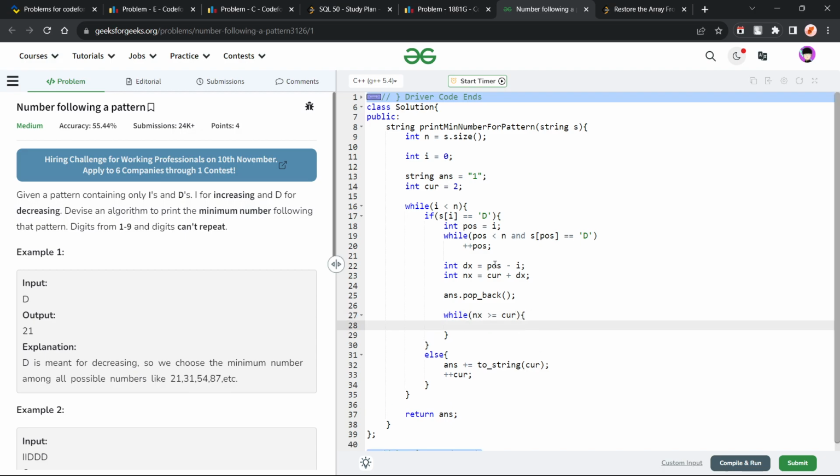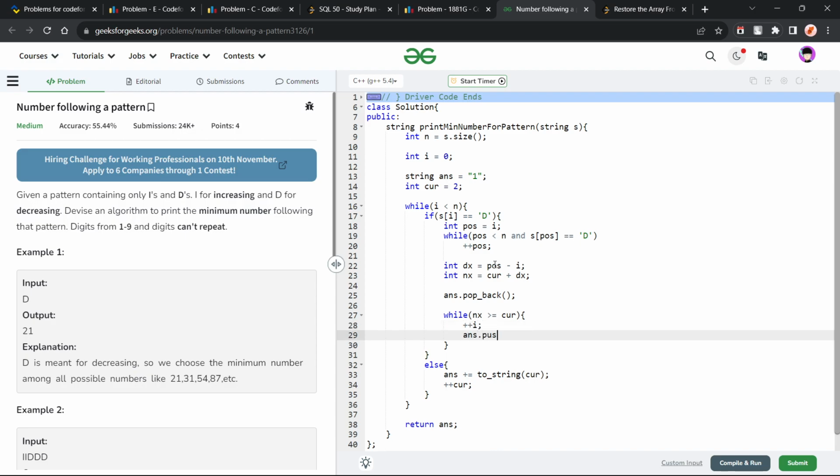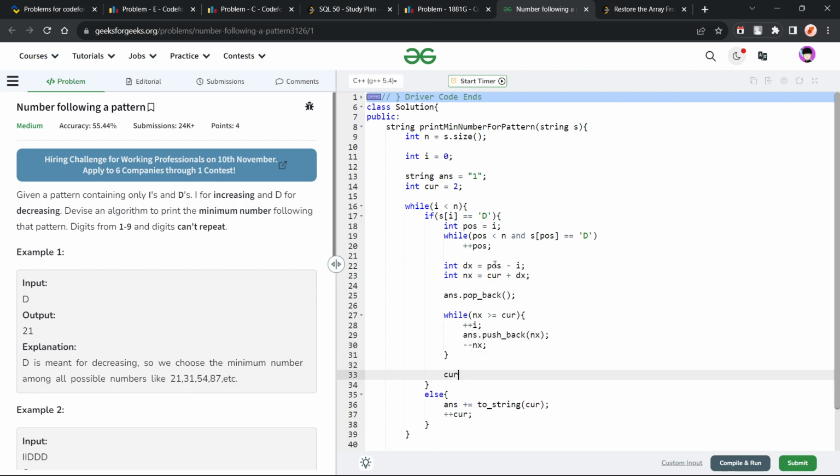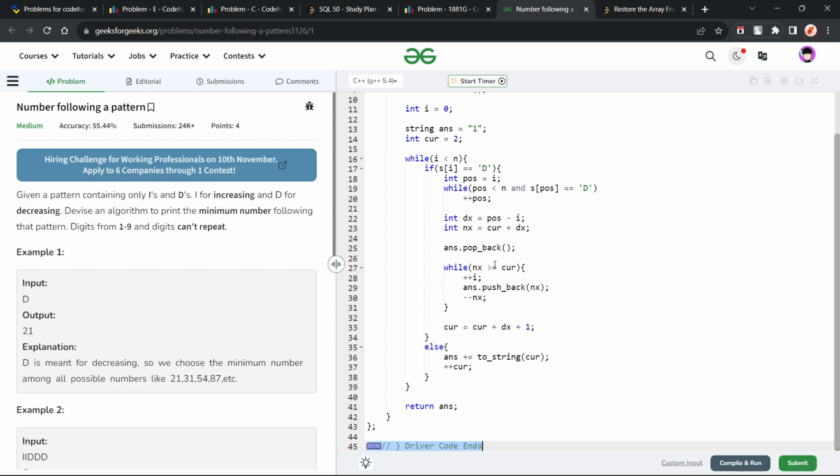So what I'm just going to do is plus I and answer dot push back nx, and I'm just going to set my current as current plus dx plus 1. Okay, I hope this works fine.